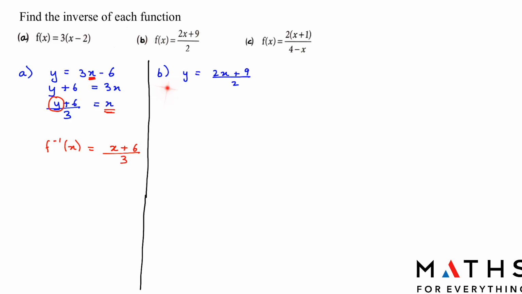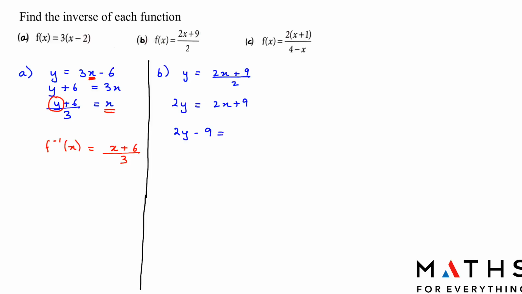This is question number B. Y in place of f of x, I wrote y. And we have to make x the subject. When you have a multiply or divide in a fraction like this, the denominator you move to the other side, it will become a multiply. You have 2y is equal to 2x plus 9. Then we are going to shift the 9.